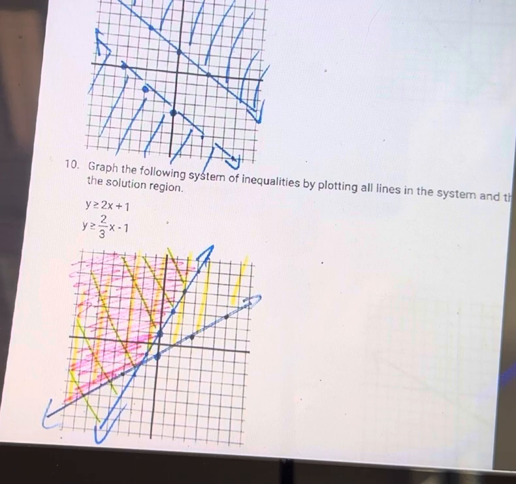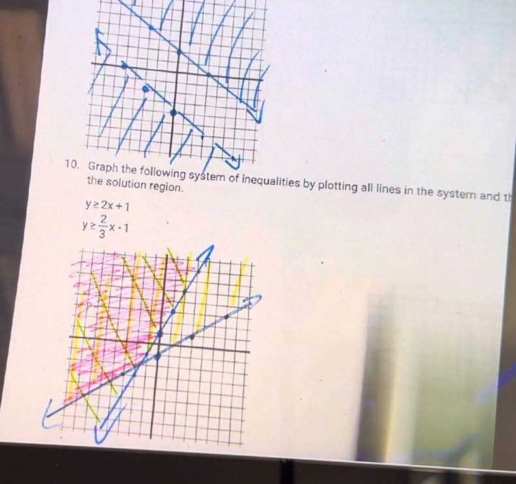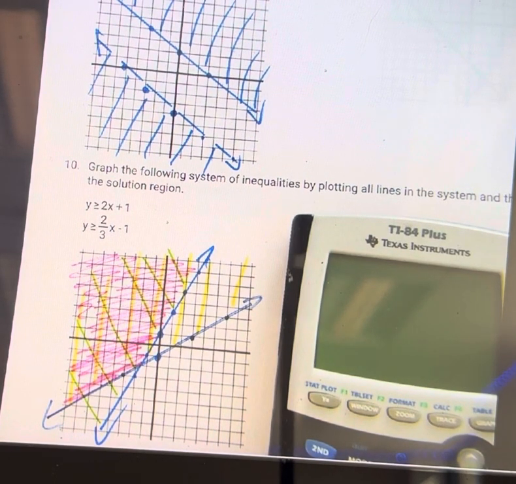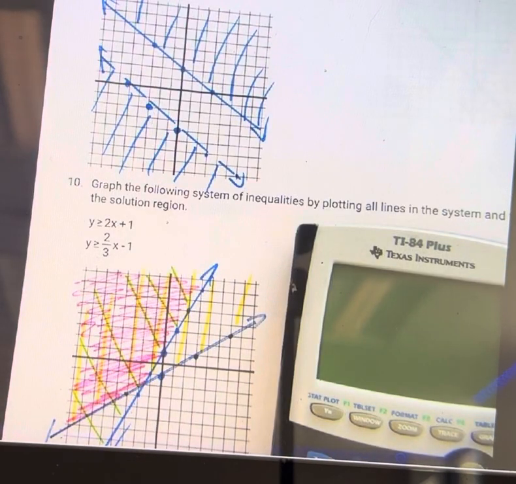So we talked about when we were learning how to graph inequalities that our calculator will shade for us, but we do have to know if it's greater or less than. So y equals, and let's see, 2x plus 1 and 2 divided by 3x minus 1.